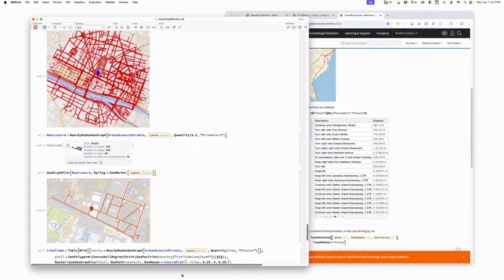The second is the starting point, and the third is the distance. So what it returns is a GeoGraph object that includes every node and street that you can get to from the Louvre. I understand. But there are lots of little streets here that it isn't including. This is by car right now.